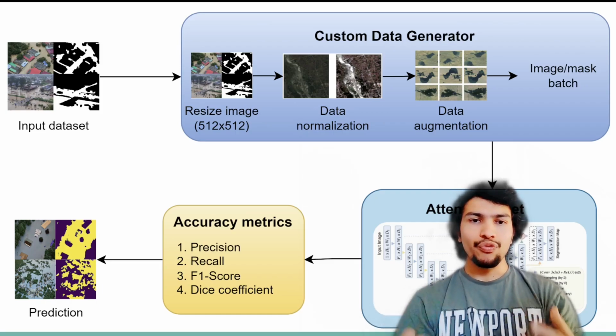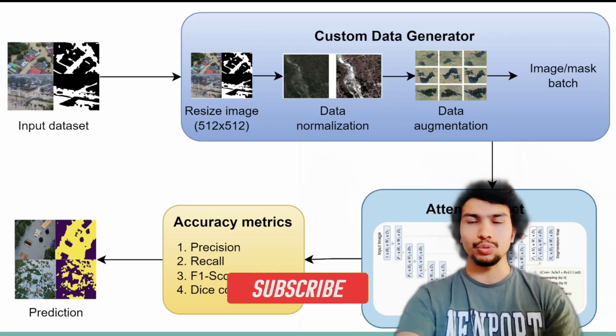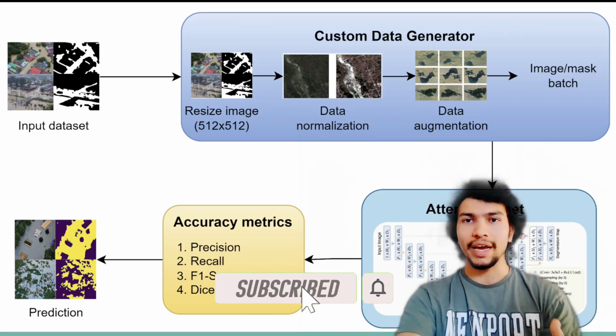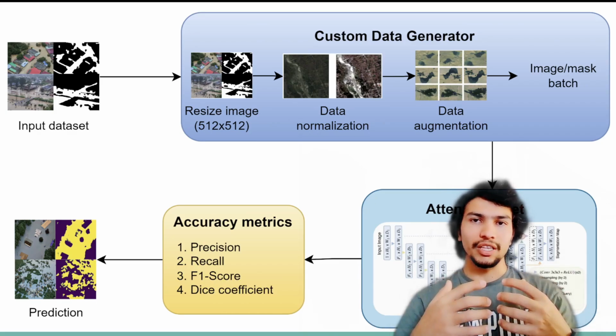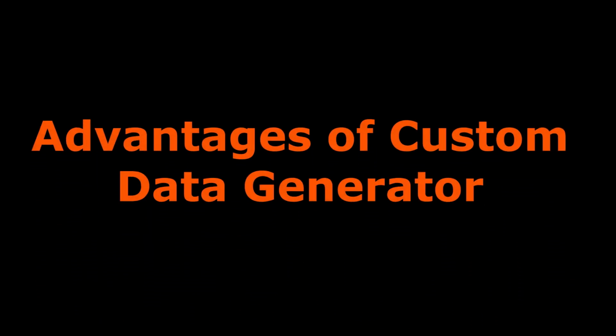But before the technical aspect, let me discuss further what the custom data generator is used for, and why I am doing this instead of loading all the dataset as a numpy array and feeding it into the model.